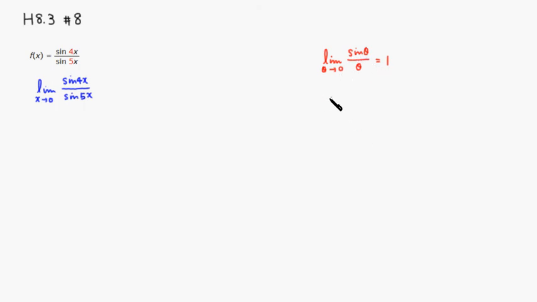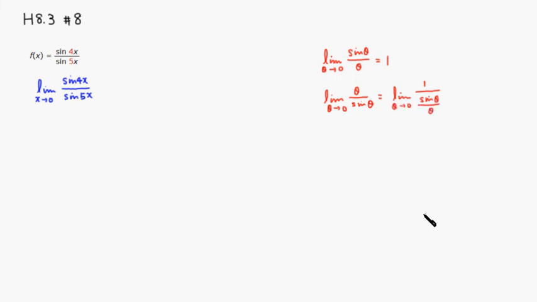Also, if you take the reciprocal, the limit as theta approaches 0 of theta over sine of theta can be rewritten as the limit of 1 over sine of theta over theta as theta approaches 0.